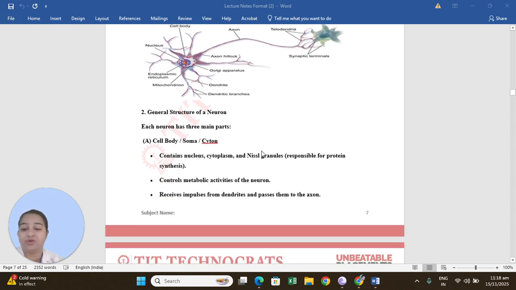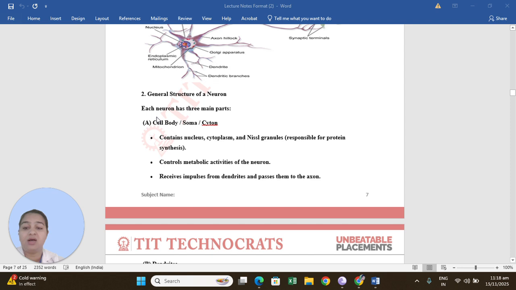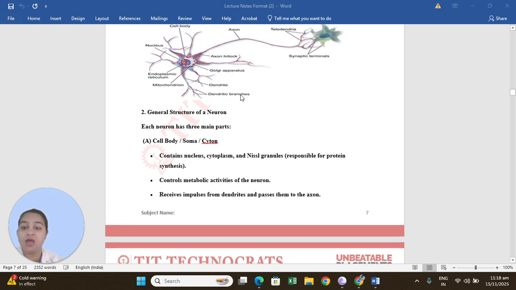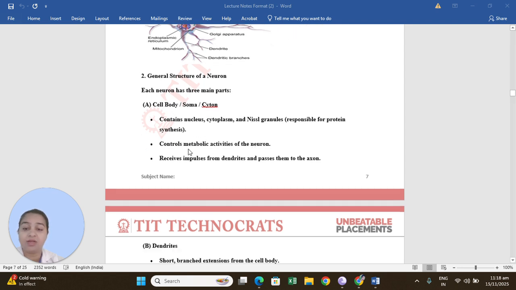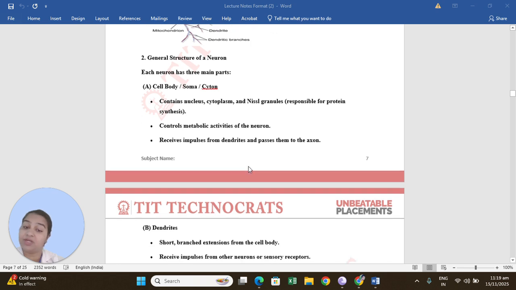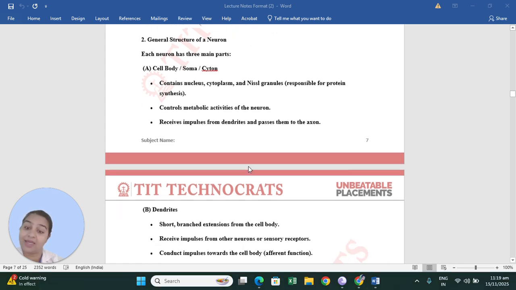The general structure of a neuron consists of mainly three parts. The cell body, which is also called soma or cytome. You can see here it is the cell body, also called soma or cytome. It contains the nucleus, cytoplasm and Nissl's granules. Nissl's granules are responsible for protein synthesis, control the metabolic activities of the neuron, receive impulses from the dendrite and pass them to the axon.